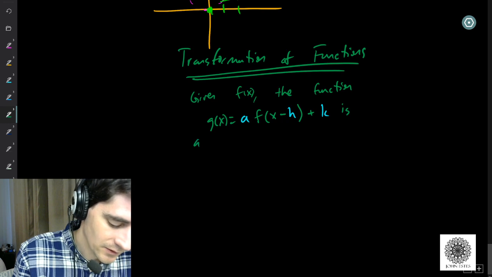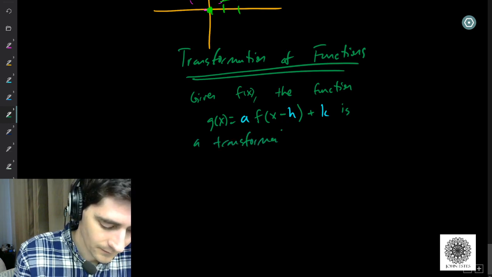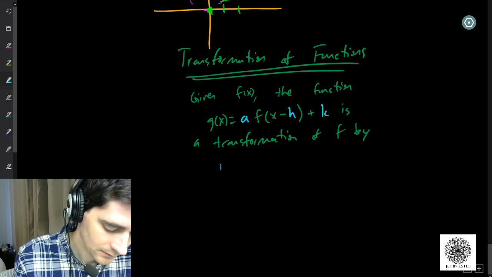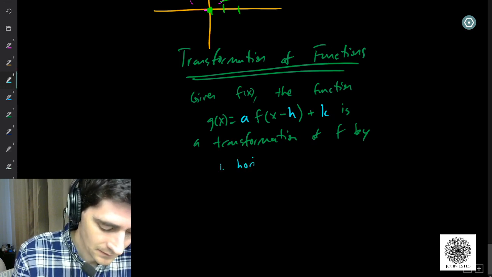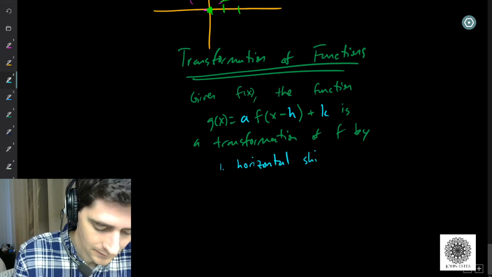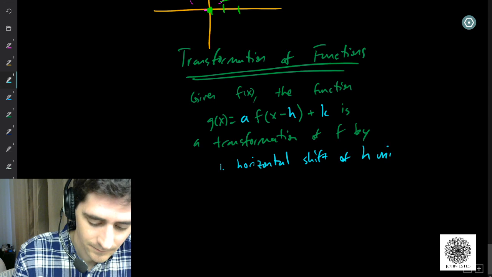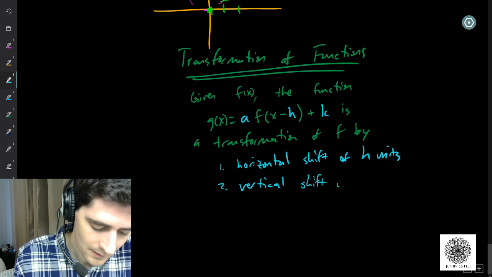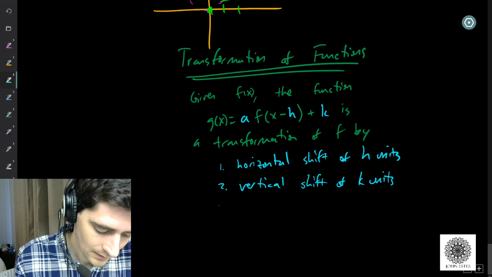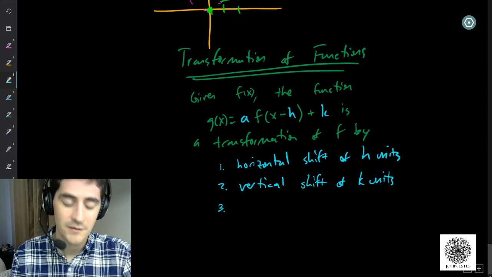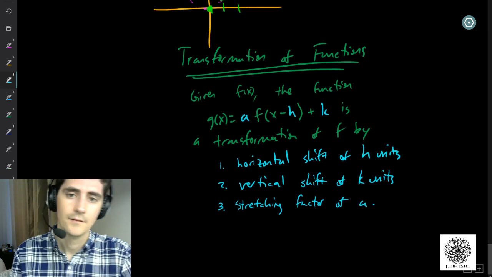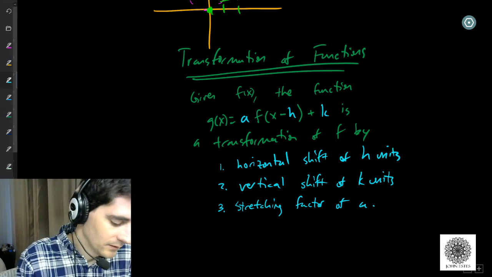So we can say it is a transformation of f by a horizontal shift of h units, a vertical shift of k units, and then a stretching factor of a. That's it.